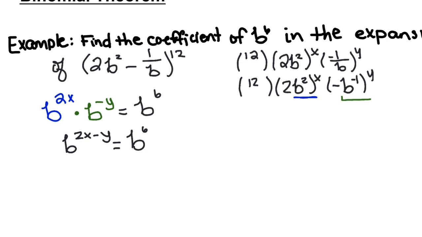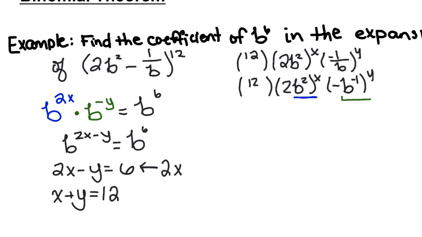And then you can use the one-to-one property. So 2x minus y needs to equal 6. But then we also know that x plus y has to be 12 because those exponents have to add up to 12. And then you can do a system of equations. So I'm going to rearrange this.